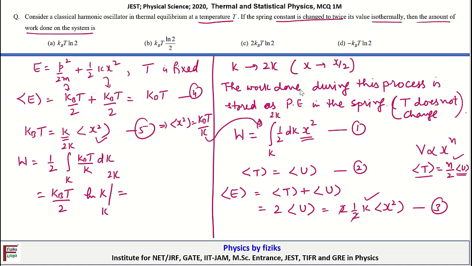That gives kBT by 2 times ln 2k minus ln k, which is ln 2k by k, equal to kBT by 2 ln 2. So that's the final answer. Therefore option B is the correct one here.